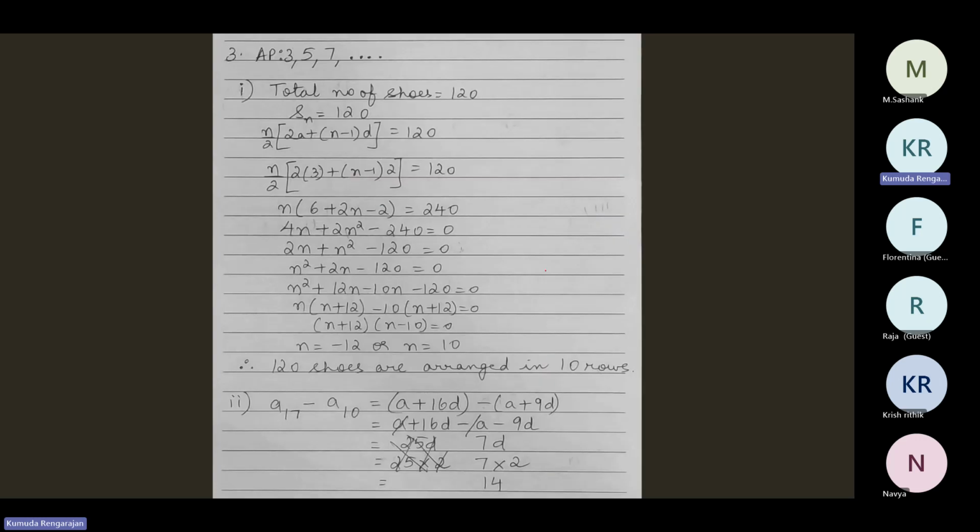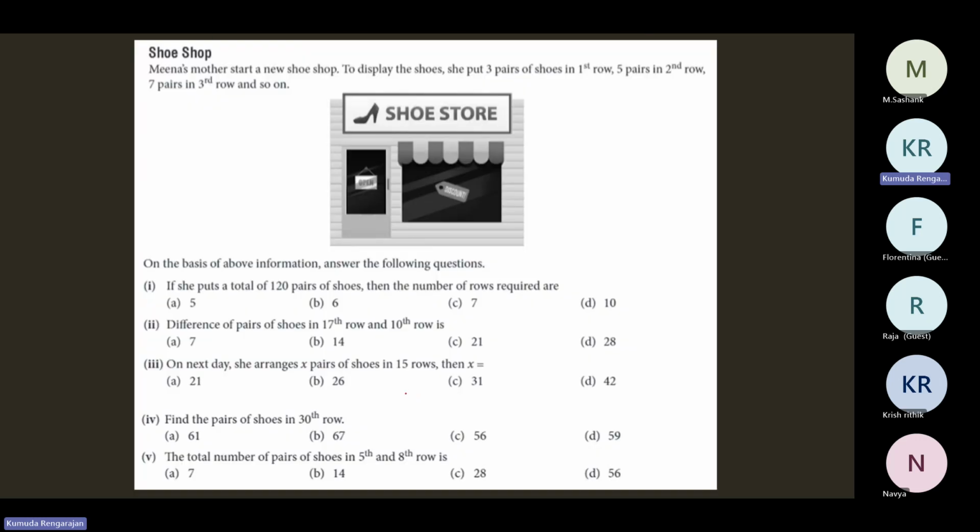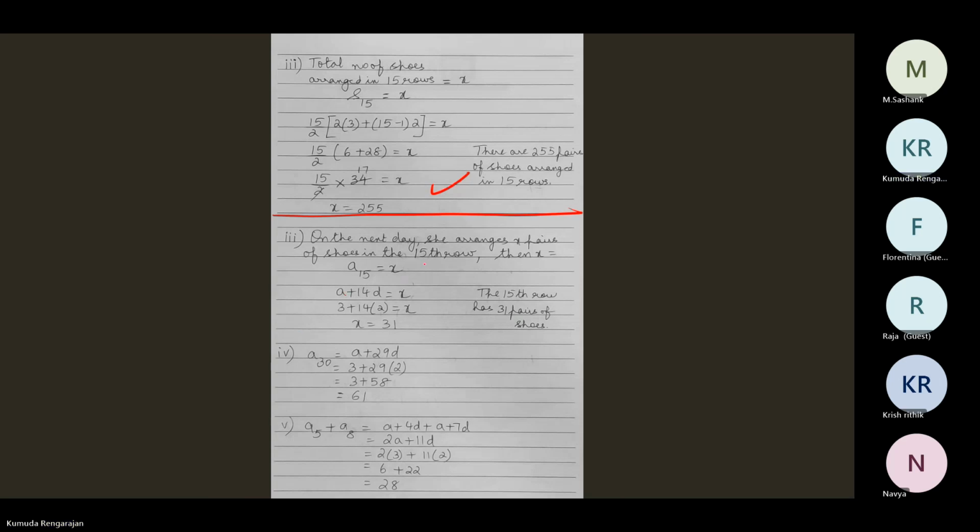I don't think you will have a misprint like this in the examination. This shouldn't happen in the exam. In the board exam, I don't think you will have a question which is incorrect like this. So here we'll take this, because based on these options, it should be in the 15th row. So I've worked it here.